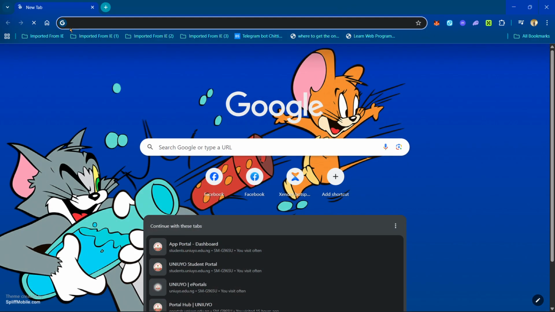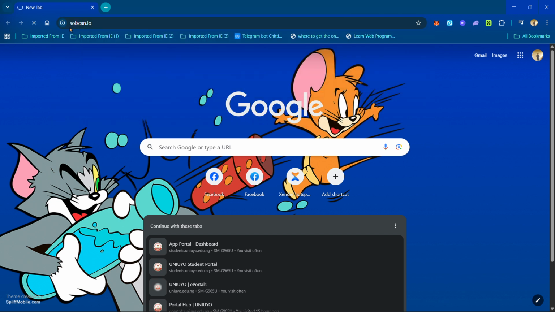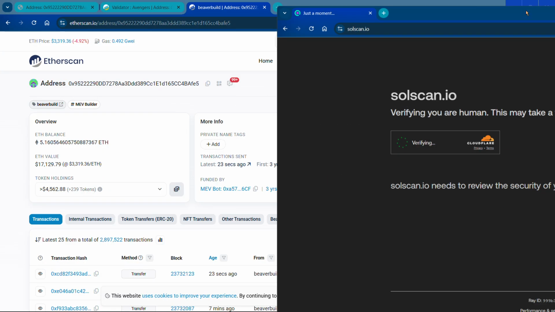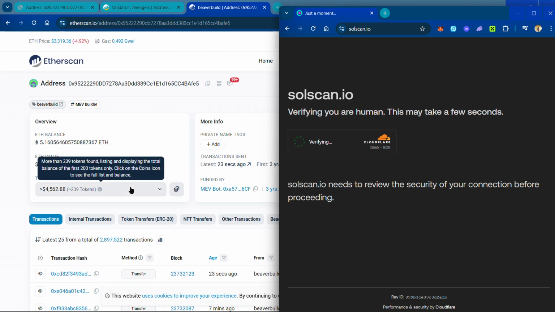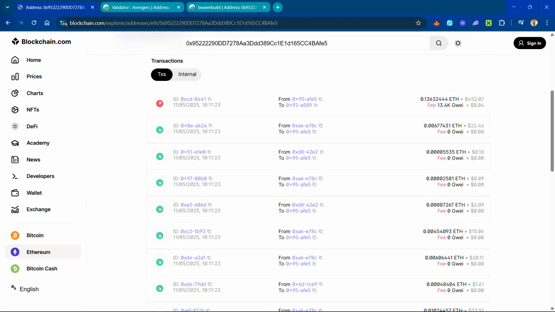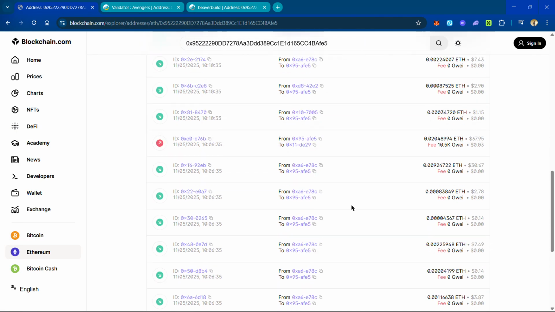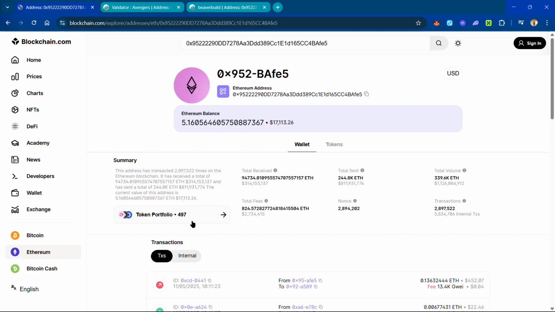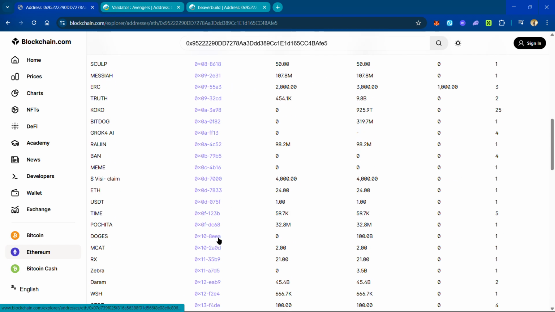And let's go to Solana's blockchain. Okay, while it loads, please wait a while. As you can see, these are the transactions done by this particular address. You still see the same transaction here. It depends on which blockchain explorer you're very comfortable with. So this person holds 497 tokens under the Ethereum network.